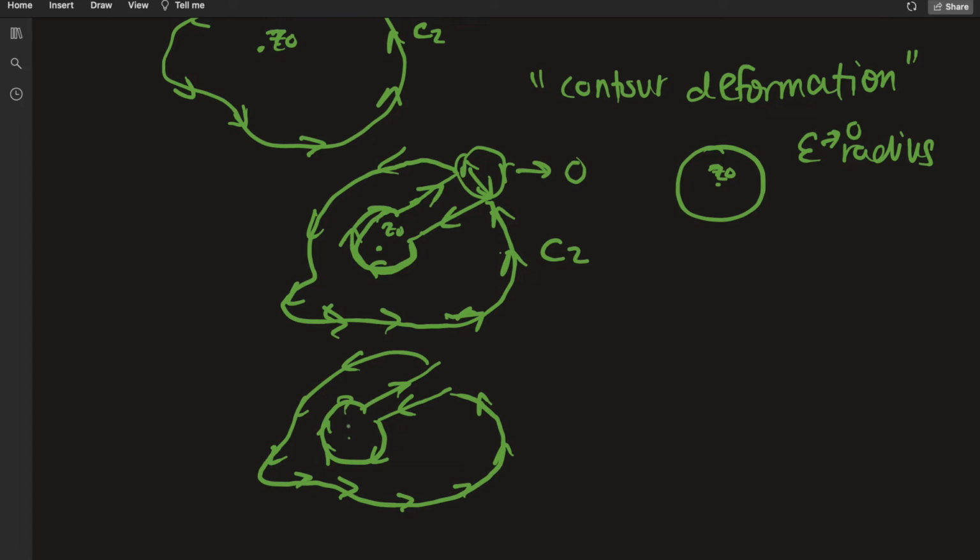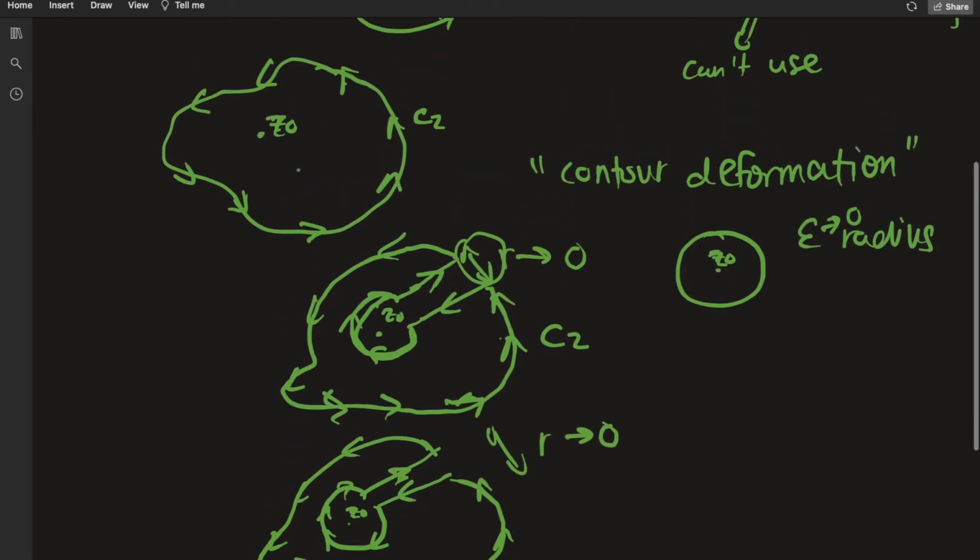We were free to choose any shape inside, but we're choosing a circle because circles are the best to work with. This circle has a radius epsilon, which goes to 0 because we're introducing it, and the gap between those two segments, the r, also goes to 0. So the contributions of these two segments mutually cancel out, giving us the original contour basically.